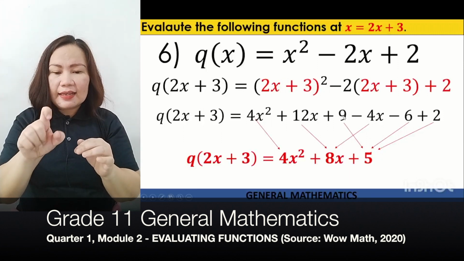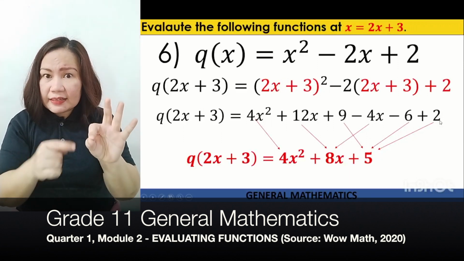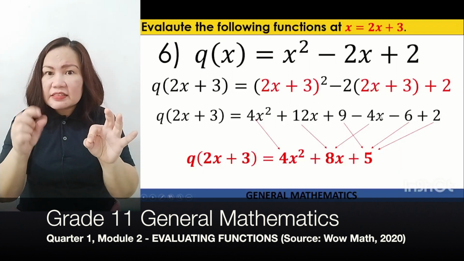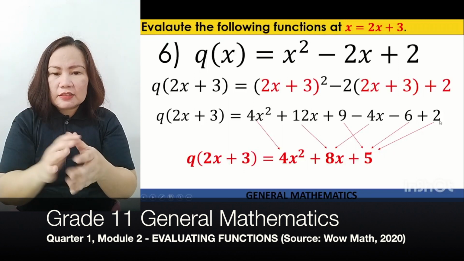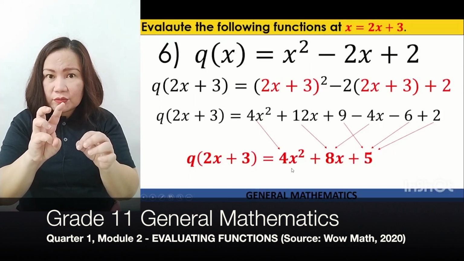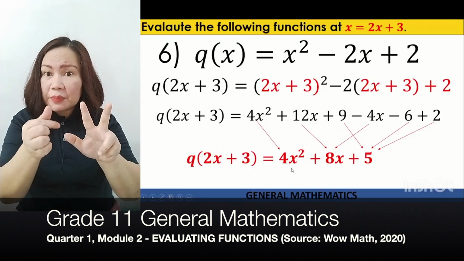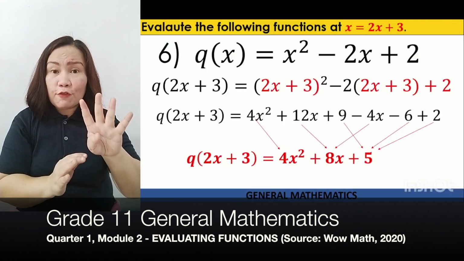Yung tatlong constant, yung positive 9, negative 6, saka positive 2, kailangan din natin i-combine. So 9 minus 6 plus 2, the answer is 5. So therefore, the final answer is 4x squared plus 8x plus 5.